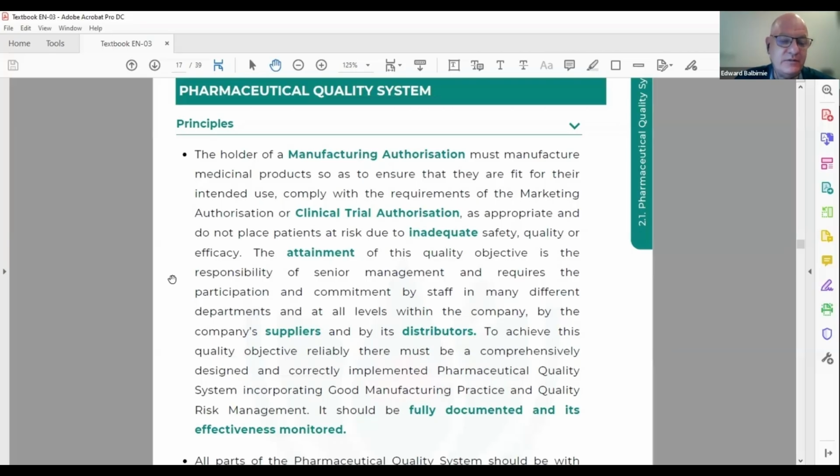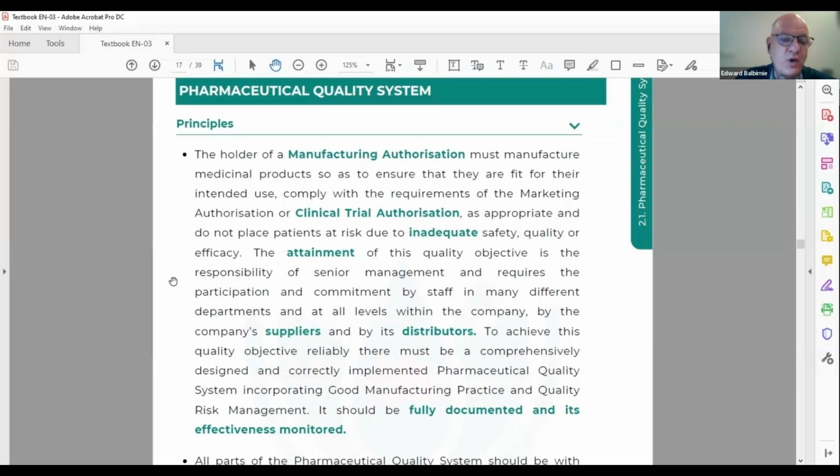The attainment of this quality objective is the responsibility of senior management and requires the participation and commitment by staff in many different departments and at all levels within the company, by the company's suppliers and also by its distributors.